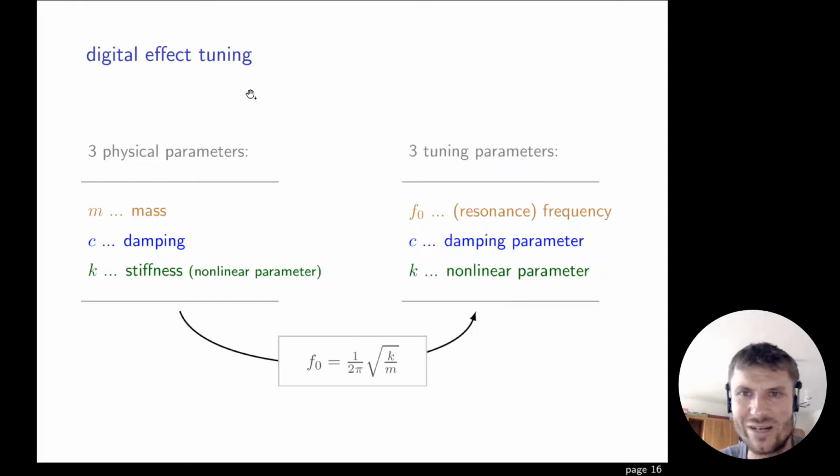The second step we did, instead of having mass as a parameter, which is quite difficult to tune, we decided to tune F0, the resonant frequency, which is described by this equation. Even if this equation is for linear systems, we decided to use this one. So we have three final parameters to tune: F0 resonant frequency, C damping, and K nonlinear parameter.